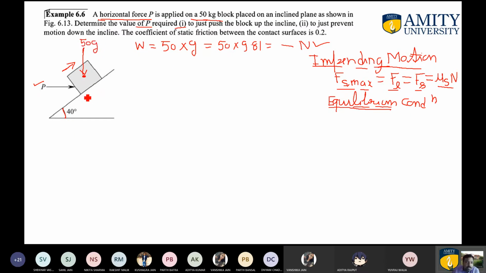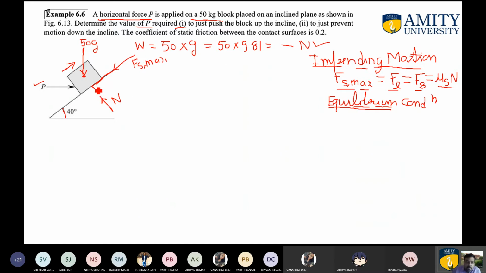After that, as the impending motion you are required to create is in the upward direction along the inclined plane, it is very obvious that the limiting force of friction, represented by either FL or Fs max, will act in this particular direction. So this will be Fs max, which will act on the contact surface of the block in the downward direction. Now as the block is in contact with your inclined plane, very obviously you are required to apply the normal reaction on this particular block. So this is the normal reaction which will act on this block.